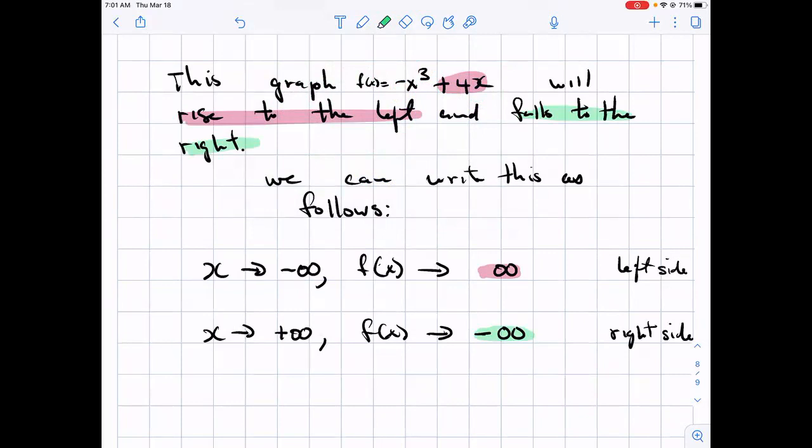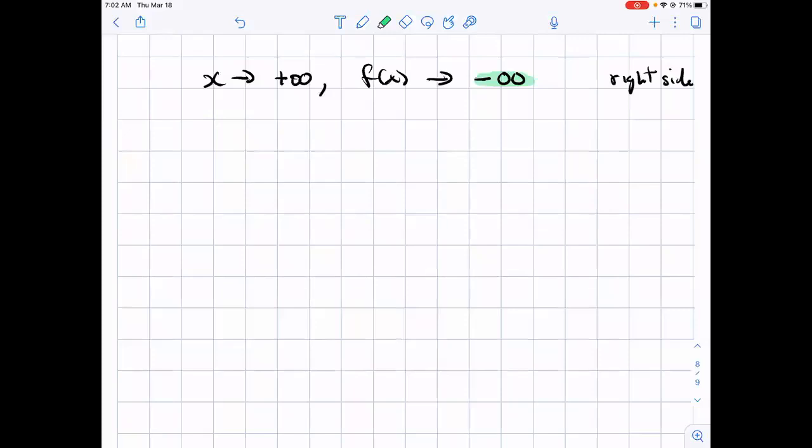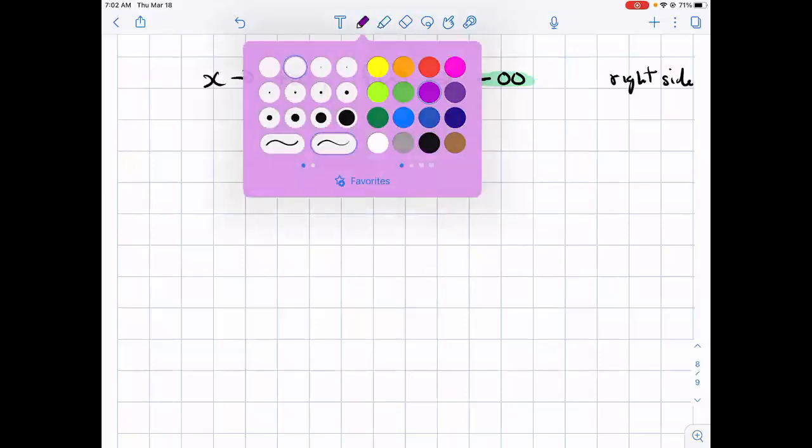So you can really tell a lot by looking at the graph. You can tell a lot just by looking at the equation. Let's look at another example.